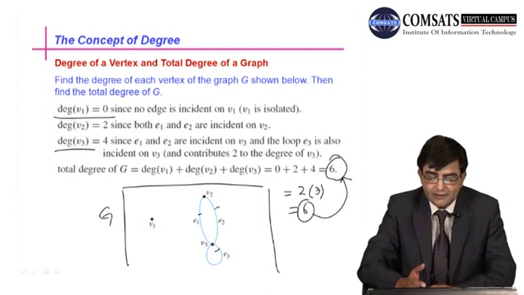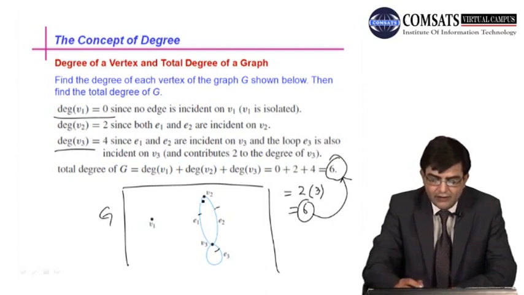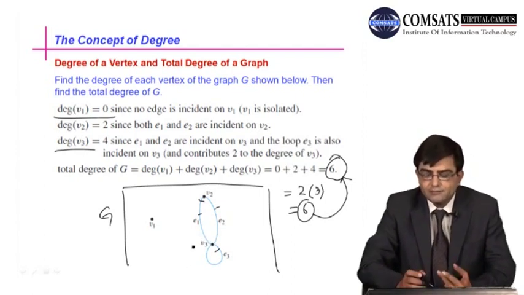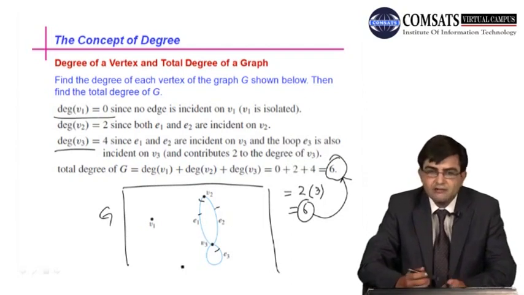For example, here E1 is incident on v2 and v3, so it will contribute 1 degree to v2 and 1 degree to v3. So every edge contributes 2 degrees in the graph.